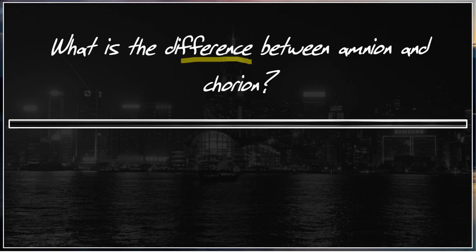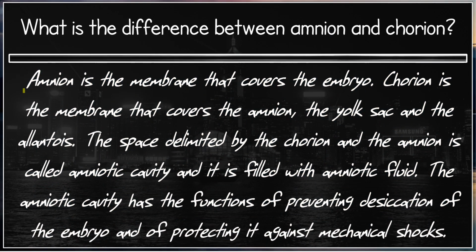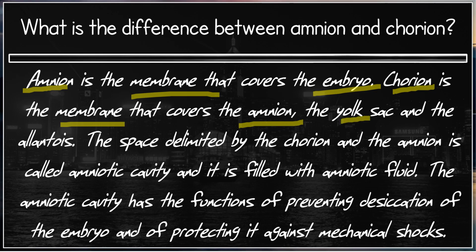What is the difference between amnion and chorion? Amnion is the membrane that covers the embryo. Chorion is the membrane that covers the amnion, the yolk sac, and the allantois.